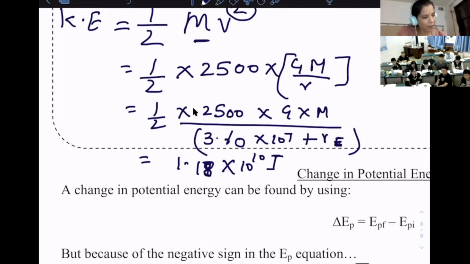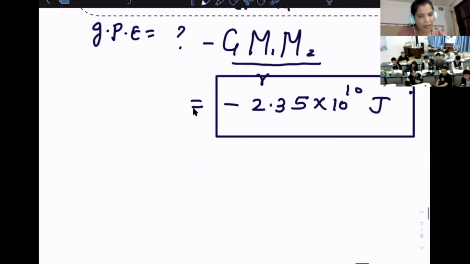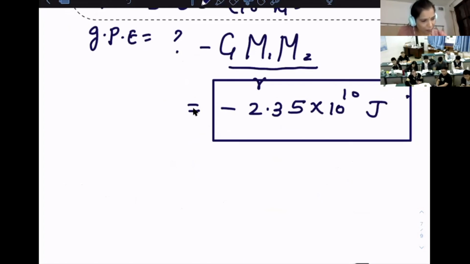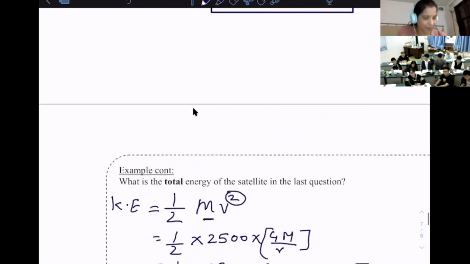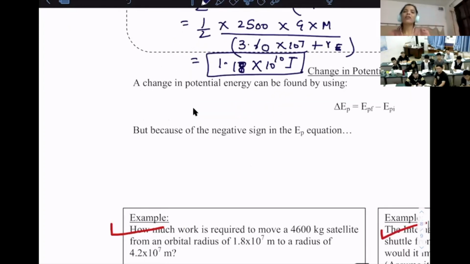Yes. And then you add this value, the KE value, to your PE value here. Add it, but mind the negative sign. You have to take care of this negative sign. Ms. Rina, when we calculate the total energy, do we need to consider the negative sign of the gravitational potential?